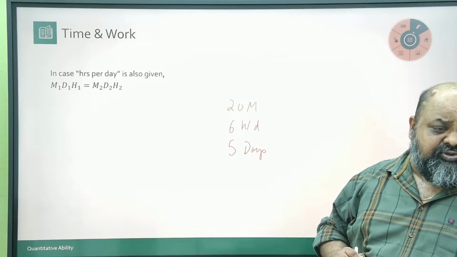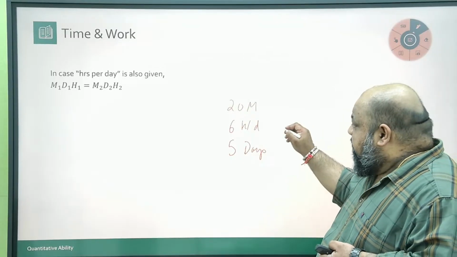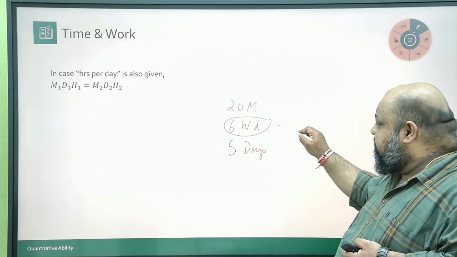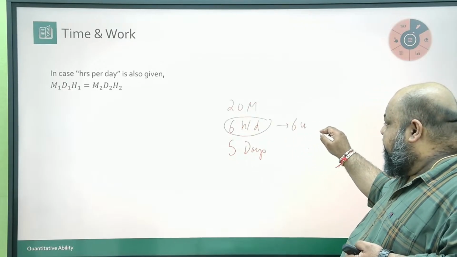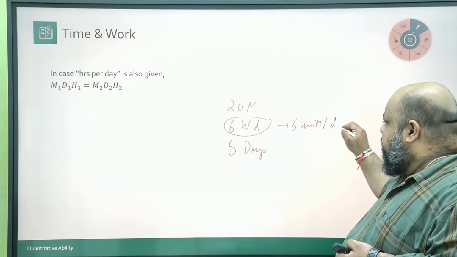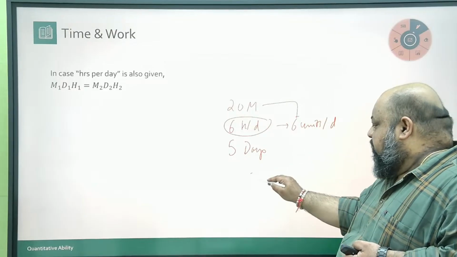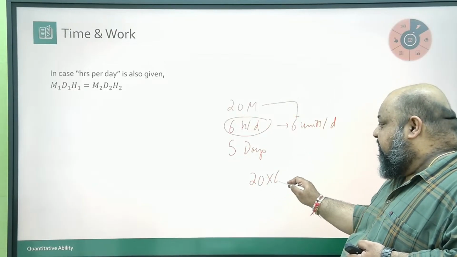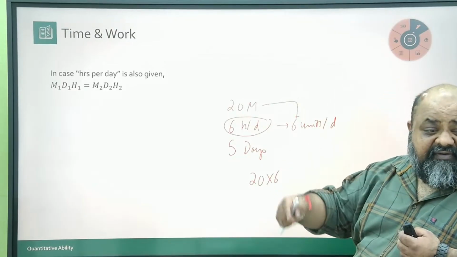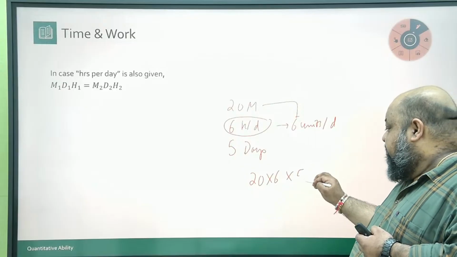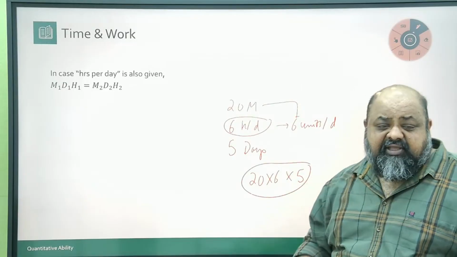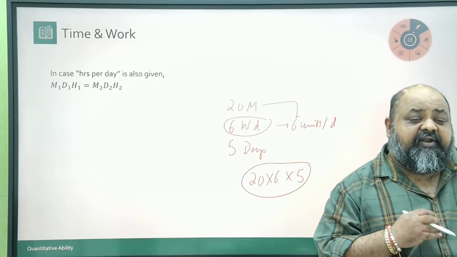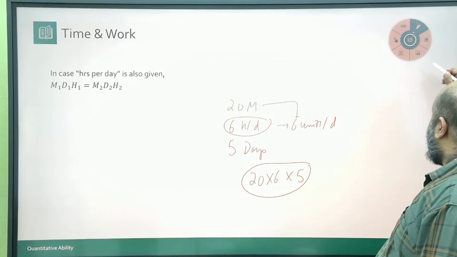Because every person is doing 1 unit of work every hour, every person will do 6 units of work in a day. Because there are 20 men, in one day they will do 20 into 6 units, and this will repeat for 5 days, into 5. This is the total work, what else is it, right? And therefore MDH will remain constant.